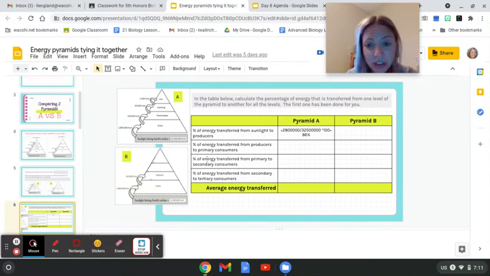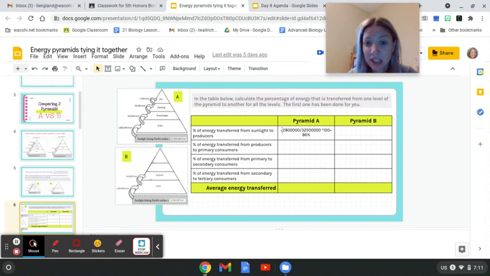It wants you to calculate how much energy is transferred from sunlight to producers. So I took the energy transferred to the producers and put it on top, and then the energy that the sun releases and put it on bottom. To get that as a percent, after you divide those two, you multiply that decimal times 100.